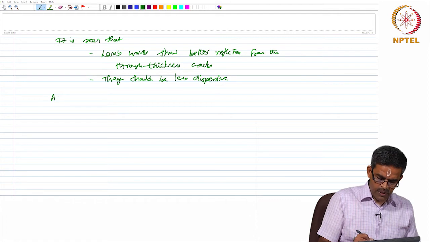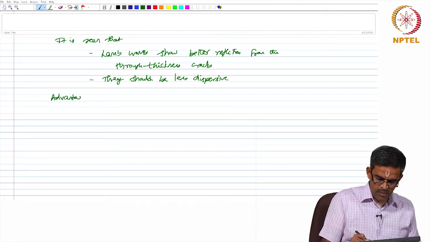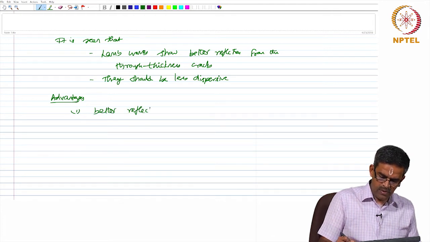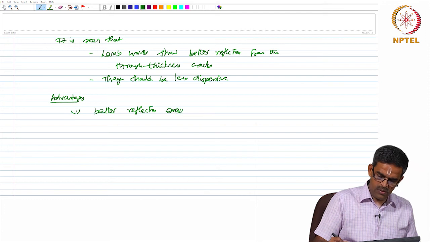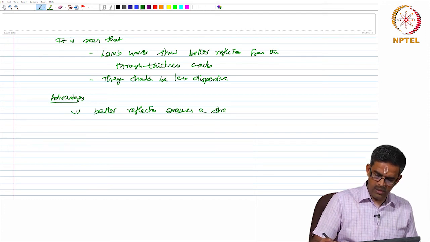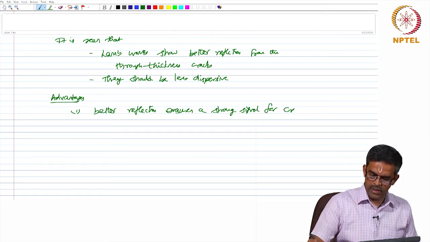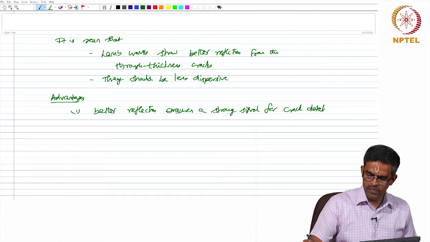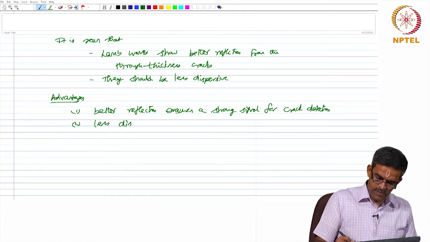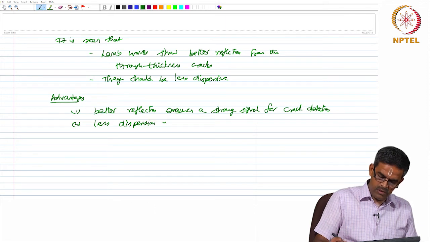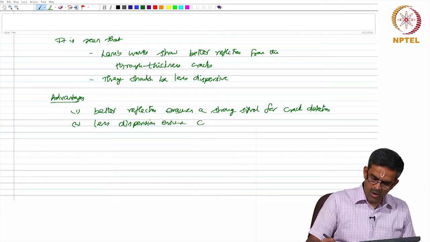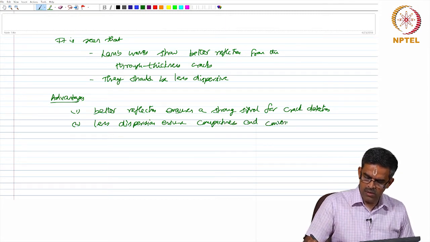So, the advantages could be better reflection, ensures a strong signal for crack detection, less dispersion, compactness, convenience to interpret.